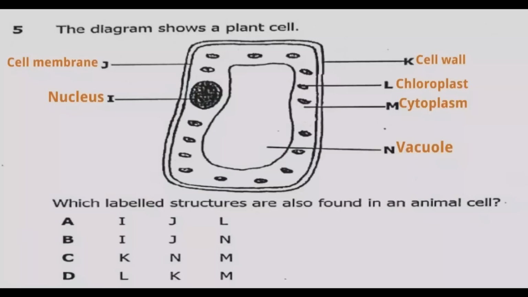A has IJL, no. B has IJN, no. C has KNM, no. D has LKM, no. So there is no correct answer on question 5. Question 5, that is a free mark.